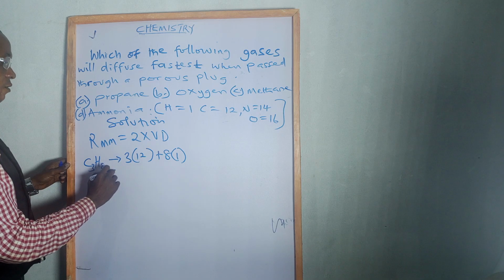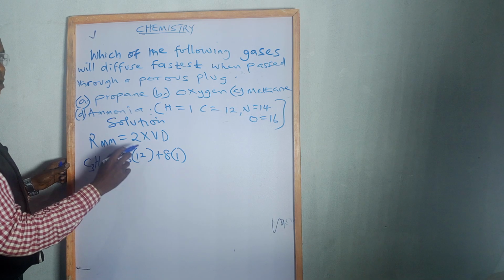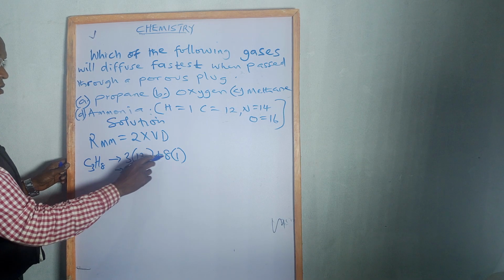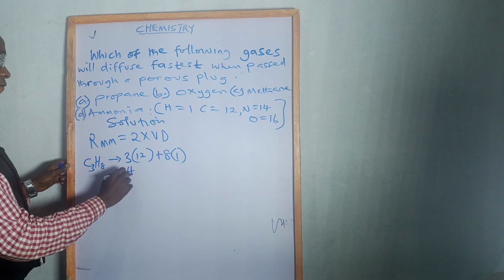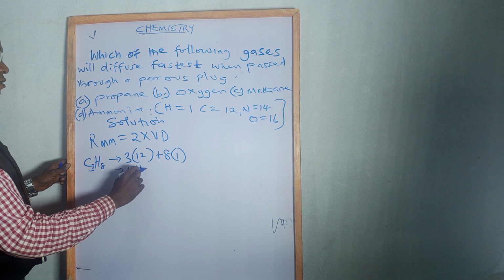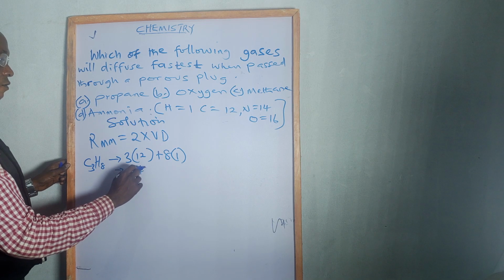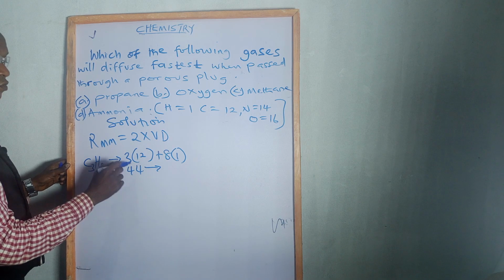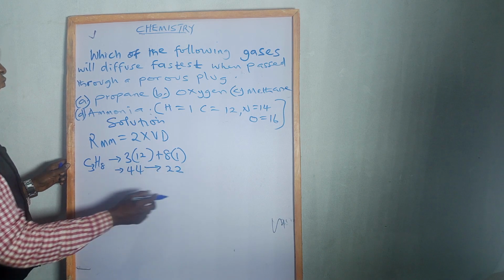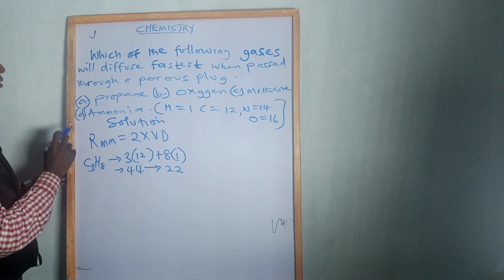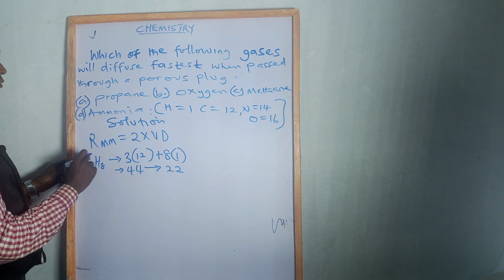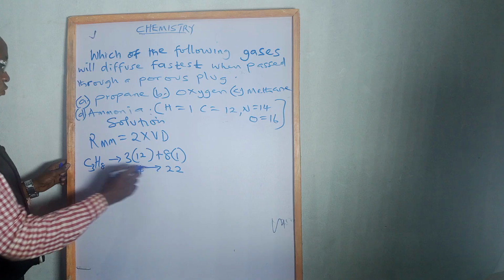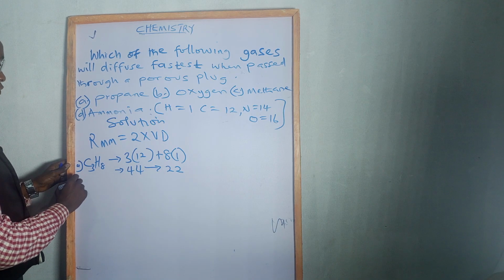So 3 multiplied by 12 is 36, 36 plus 8 is 44. For the vapor density, you divide this by 2 and you have 22. For propane, the vapor density is 22. That is for option A.